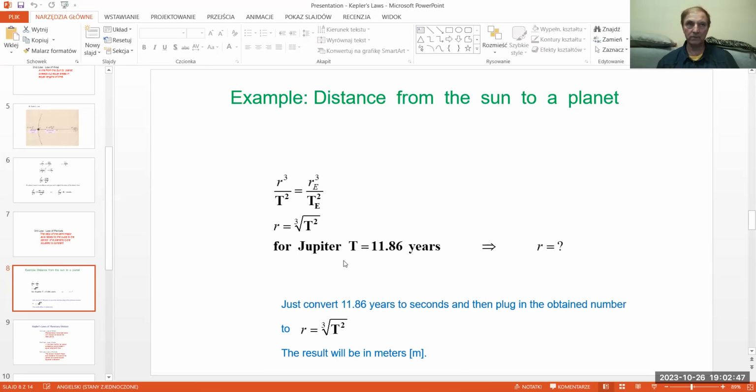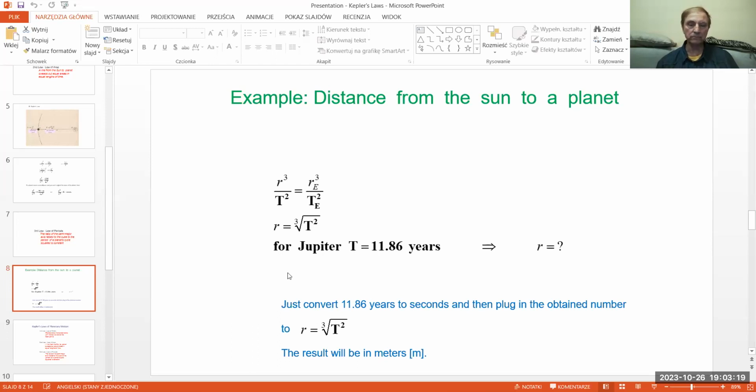So it means that if we take, for example, the Earth and make this ratio, and next we take Jupiter and make this ratio, it turns out that the two ratios are the same, according to Kepler's third law.